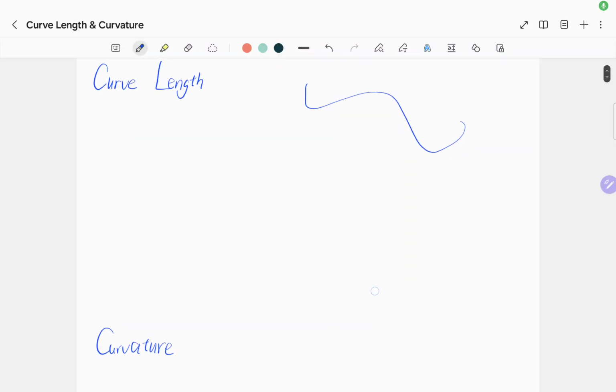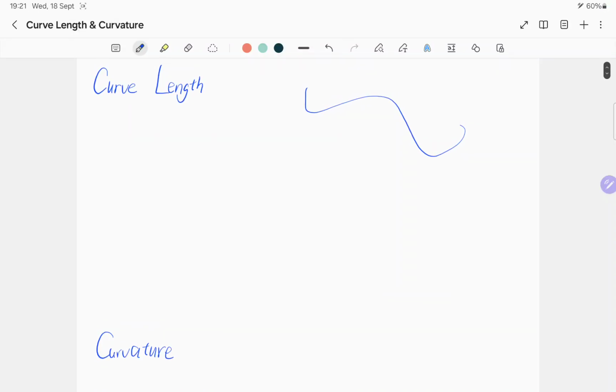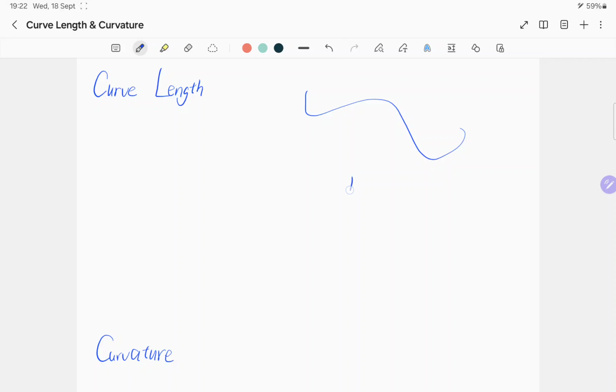Hello everybody, today I'm going to introduce the curve length and the curvature. Now, how do we know the curve length of a vector function r of t? Well, we know that it is actually a parametric equation with f of t, g of t, and h of t.